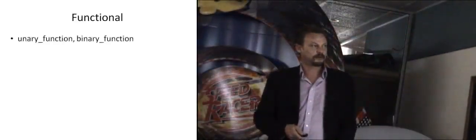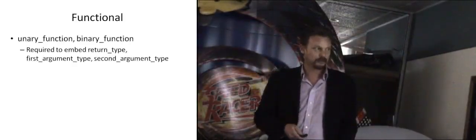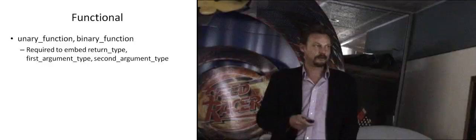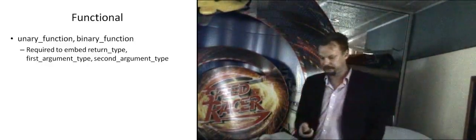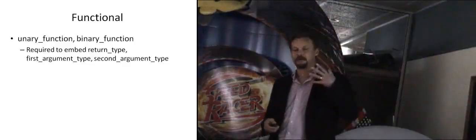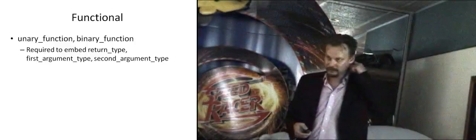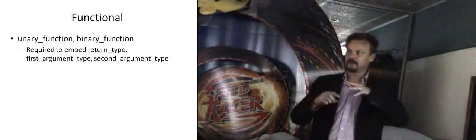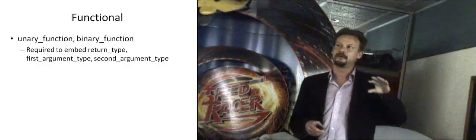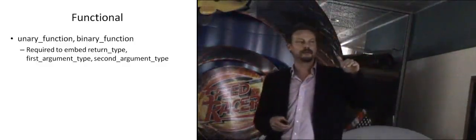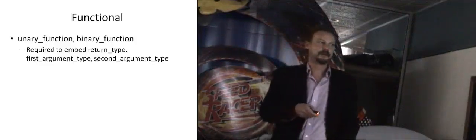The functional stuff: we've got the functors, unary function, binary function. These are structures which supply a framework for embedding the return type as a nested type. Remember I said before that concepts can have a lot of things in them, including a requirement that any model used for this concept has to have a nested type.